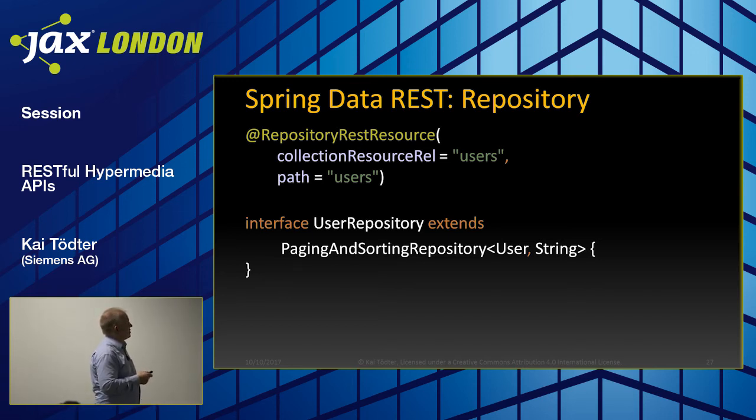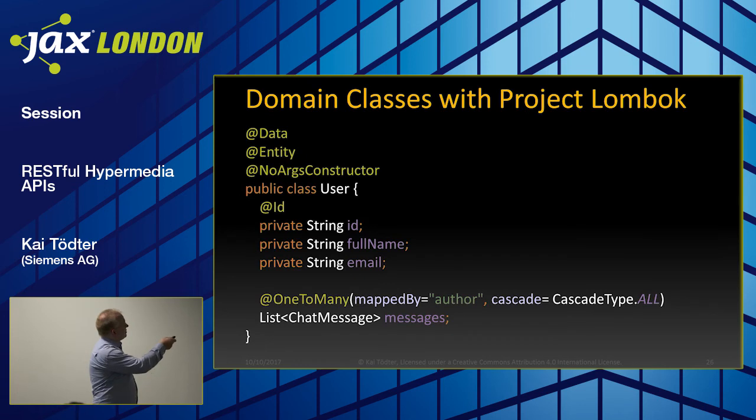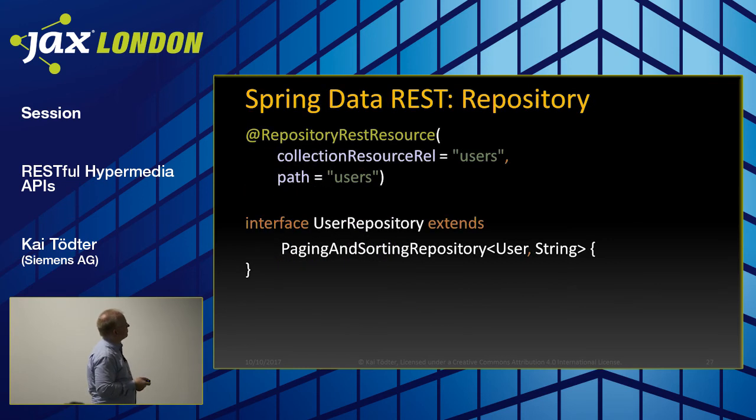There's a CrudRepository, a PagingAndSortingRepository, and others. We just need to pass the class that we want, in this case User, and the type of the ID that the user has. So here in our case, you see the ID field is a String. I very often use longs as an ID for my REST resources.